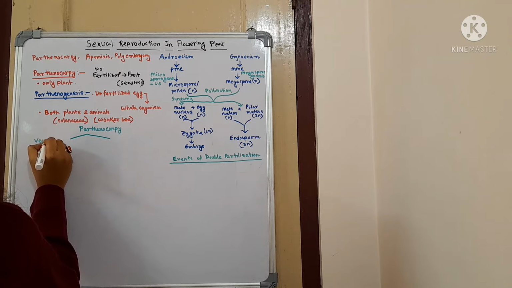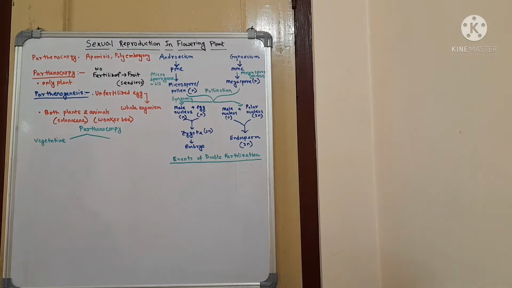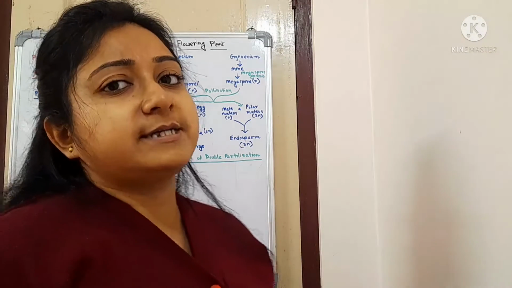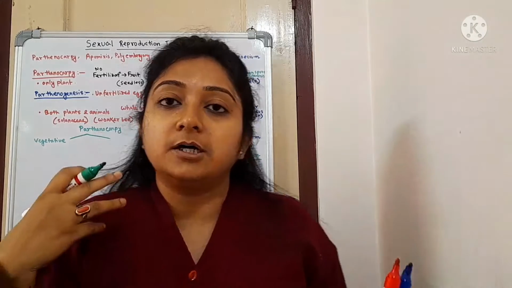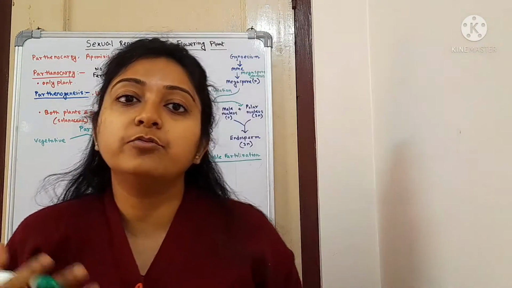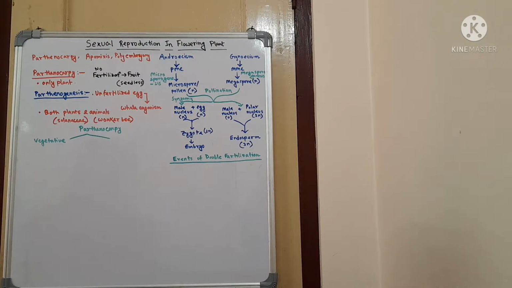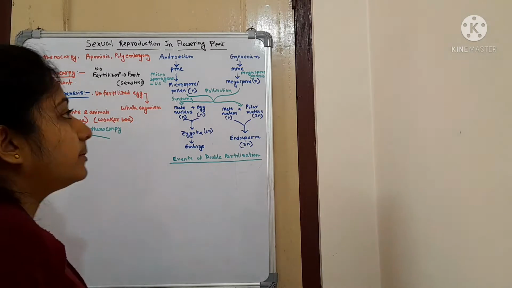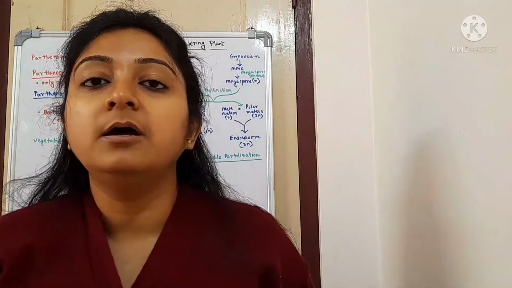In one case, that is considered vegetative parthenocarpy, and in another case, we can say that this is an artificial type of parthenocarpy, where by spraying some growth hormone like auxin or gibberellin, we can make the fruit without seed. So that type of parthenocarpic event also can occur. In case of vegetative parthenocarpy, fruits can be produced without seed, like in case of banana. We can find this type of fruit.